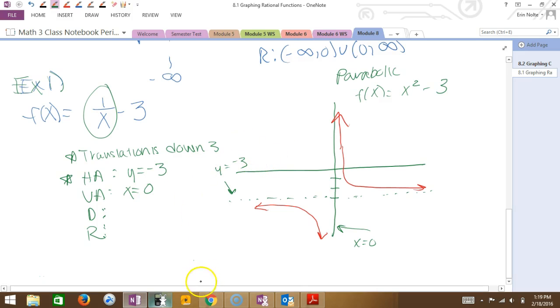Okay, so we're starting at -infinity, and we're looking at our x values as we go this way, but we can't go here because we have an asymptote, so we just write it the same way. Stop at 0, and 0 to infinity. That little u means and. So that's the same as before.